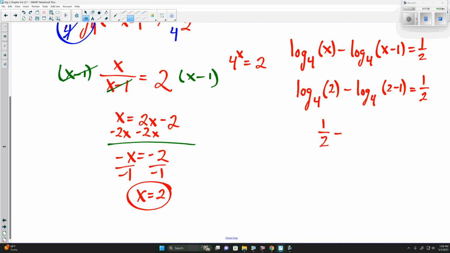Minus, well, this is just saying log base 4 of 1. Anytime we have 1 inside the logarithm, we're just saying 4 to what power is 1? Well, the only way that we can get that is if this is 0. So we're saying 1/2 minus 0 is 1/2. Or we could have plugged it in a calculator and it would have told us that that was true.